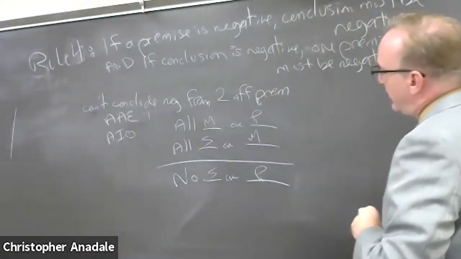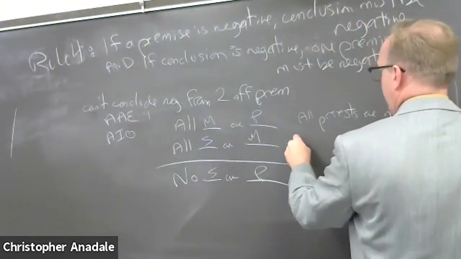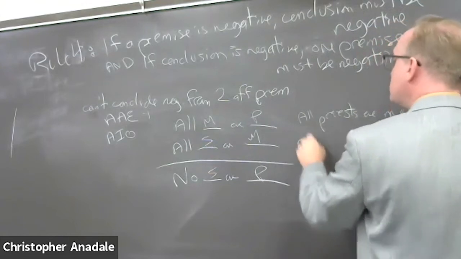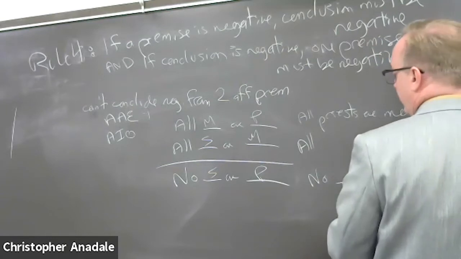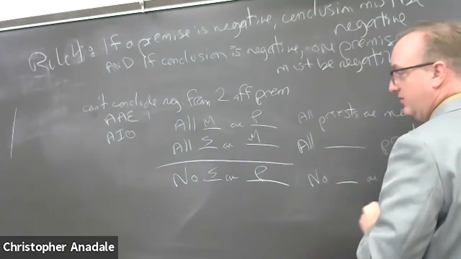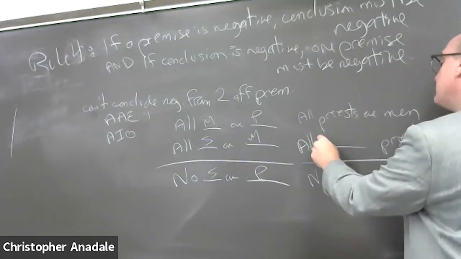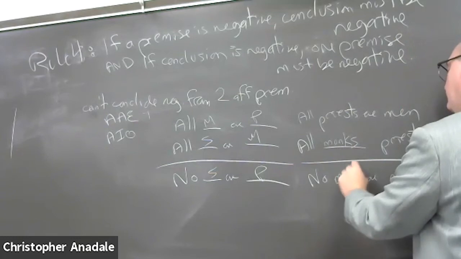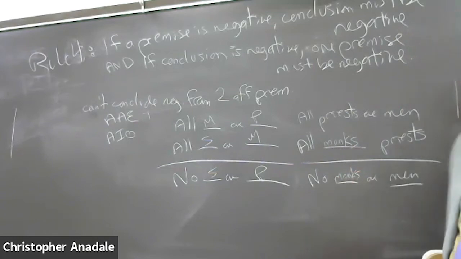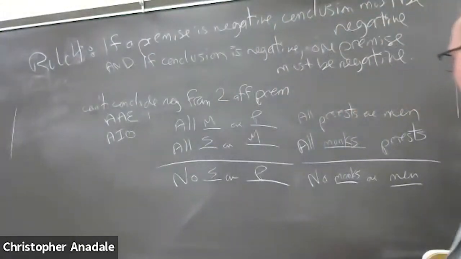So if all M are P, all priests are men, and also all, oh, what should we add in here? What's our S? Is there any S I can put in here? All, I'll say monks. Sort of weird here, okay? All priests are men, all monks are priests.